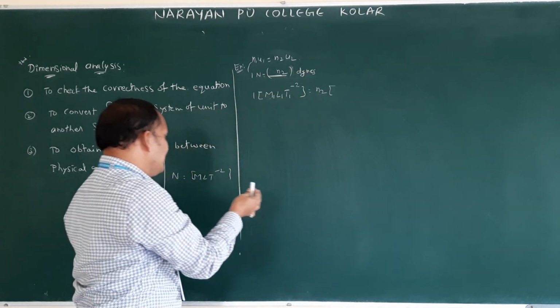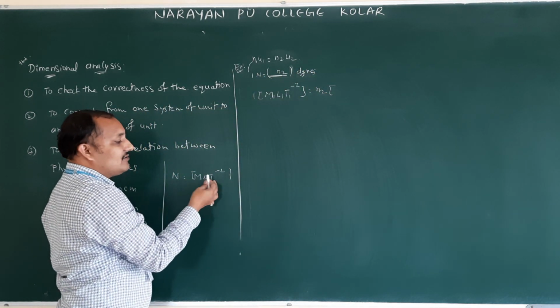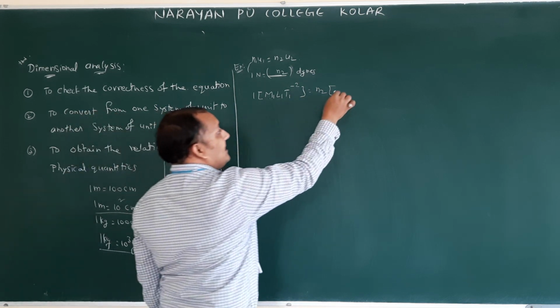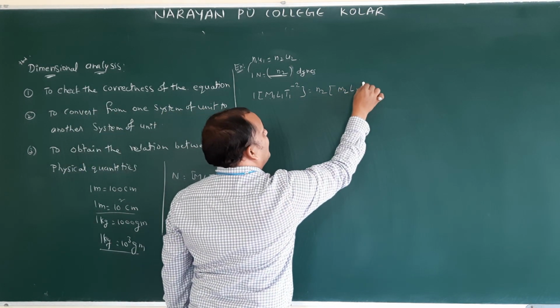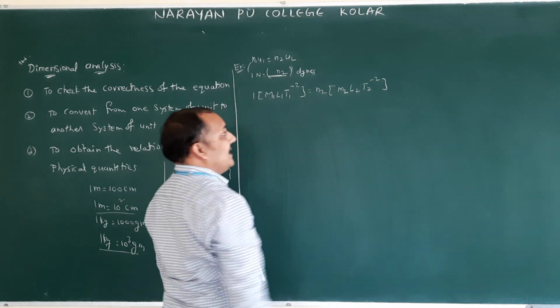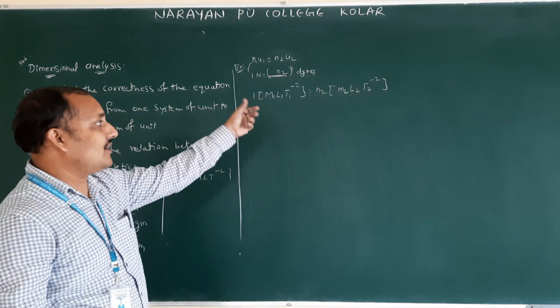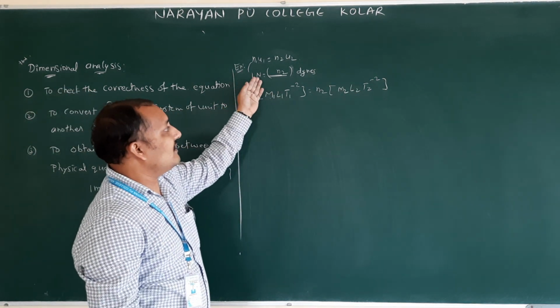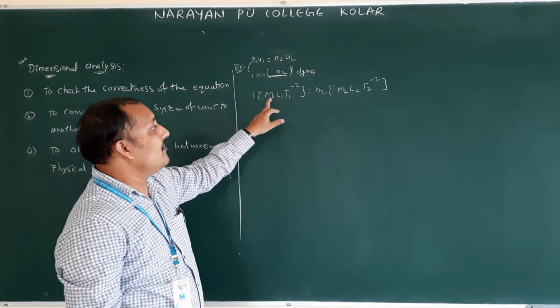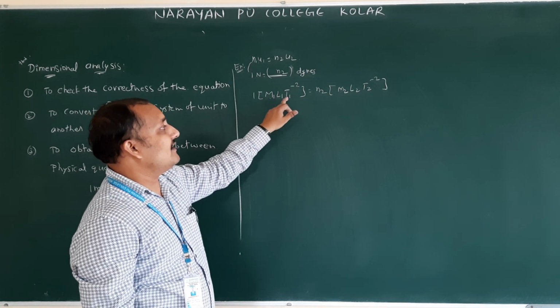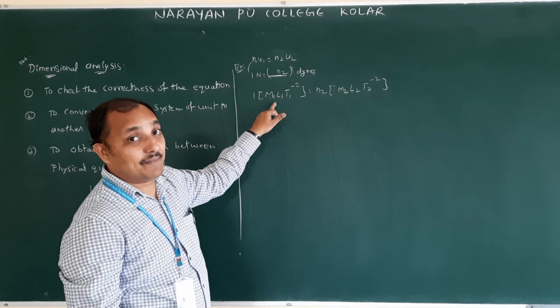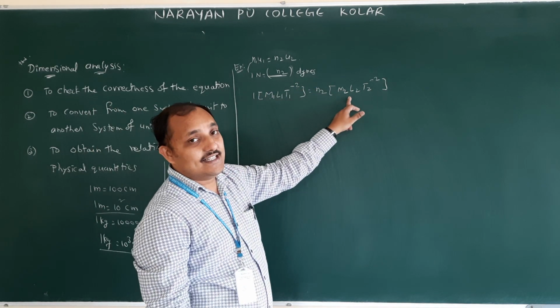Dyne is also a dimensional unit for force. Same as this one we will get, but in CGS, that is M2 L2 T2 power minus 2. So first we have to understand how we wrote this. Both are the same physical quantity, but Newton is representing the MKS unit and dyne is representing the CGS unit.